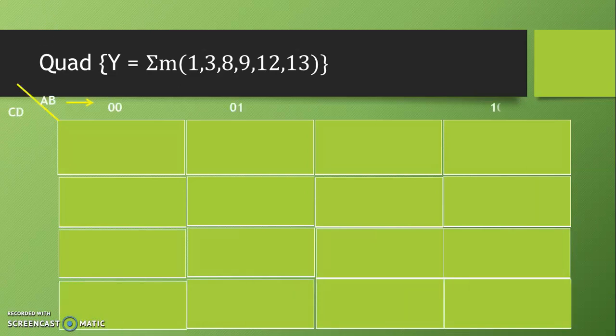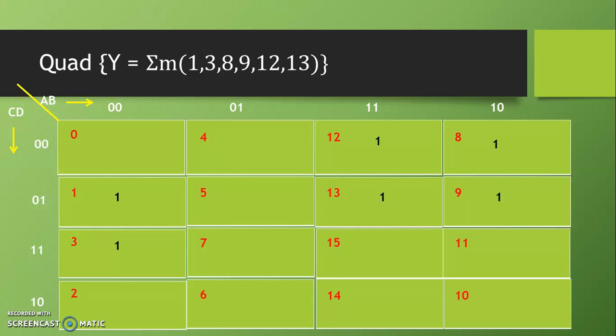We as usual write numbers for AB as well as for CD. We give decimal numbers to each cell up to 15, and then we write 1 for the given minterms, that is 1, 3, 8, 9, 12 and 13.